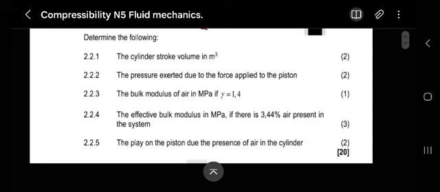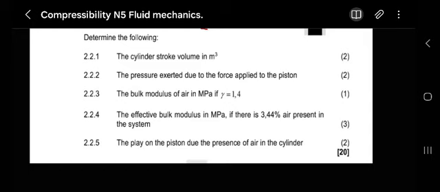And then 2.2.3, the bulk modulus of air in megapascal if gamma is 1.4. The effective bulk modulus in megapascal if there is 3.44 air present in the system. The play is the change in length.